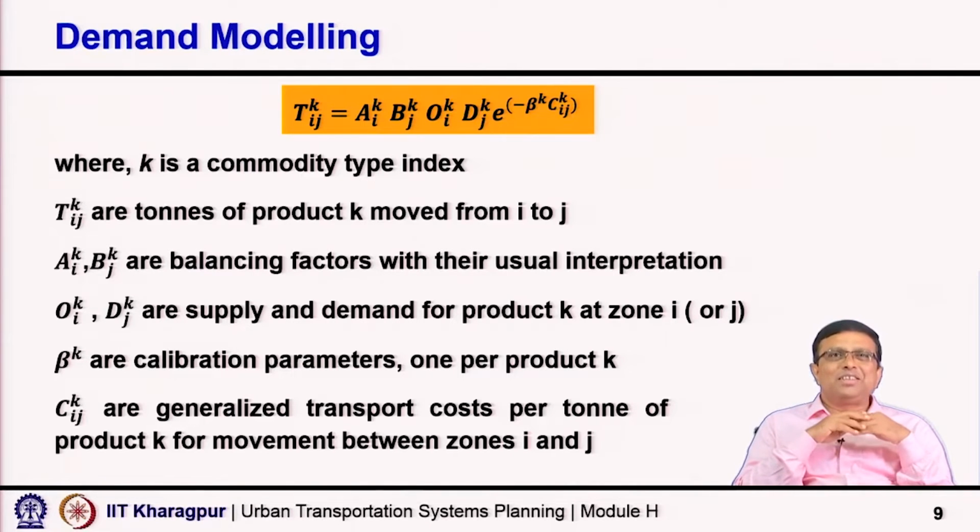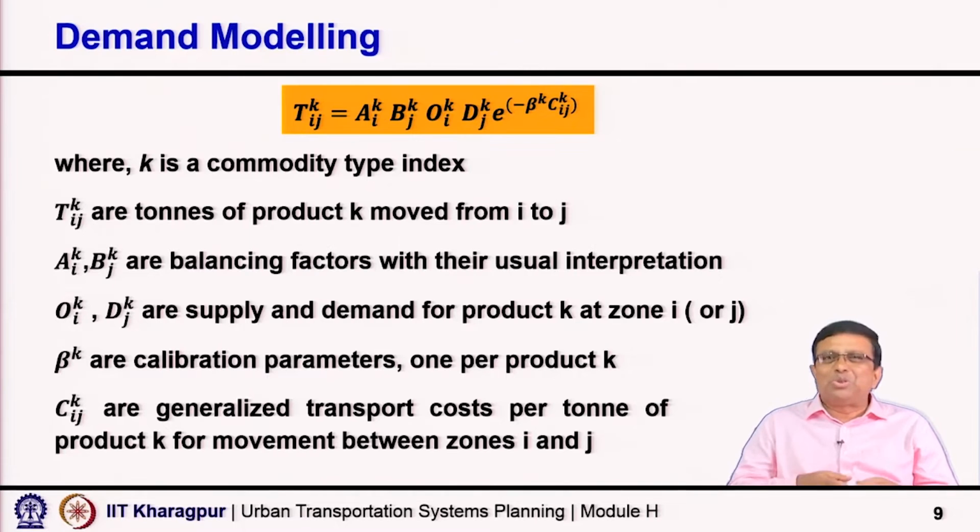And here, as I said, K indicates the commodity type index, and Tijk is the tons of product K which move from I to J. Ai and Bj are the balancing factors, very similar to what we studied earlier. Oi and Dj are the supply and demand for product K. The K indicates the type of product.